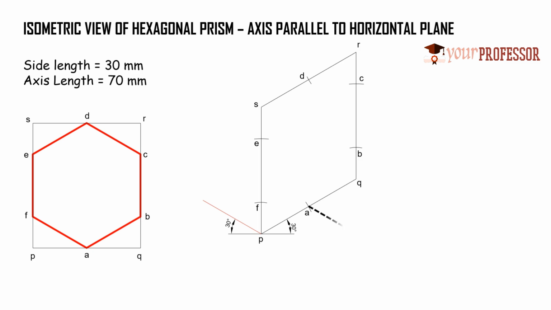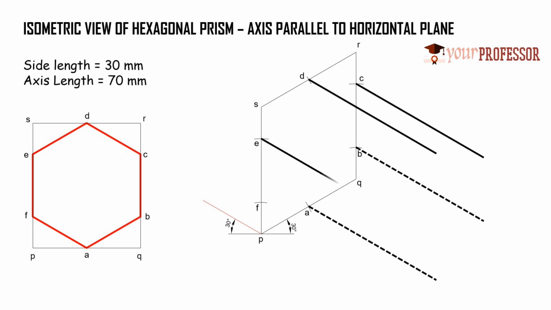From A, draw a line parallel to the earlier line, which is red in color, right? You have to draw this line up to a length of 70 mm. Why? Because the axis length we have considered is 70 mm. So from B also draw a line whose length is equal to 70 mm, parallel to the red line. Similarly from C, D, E and F.